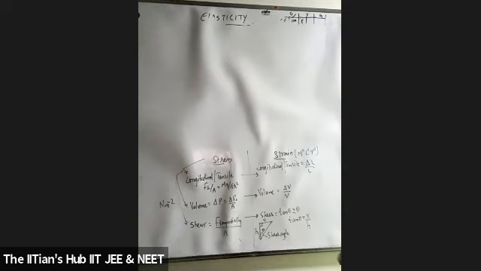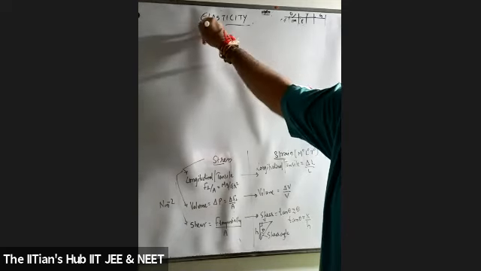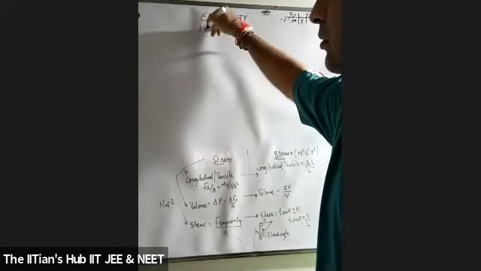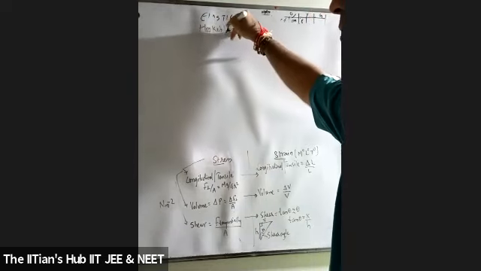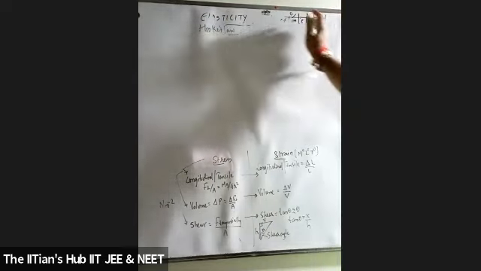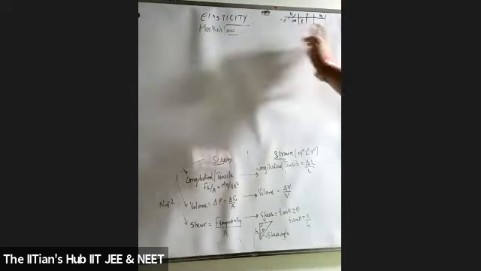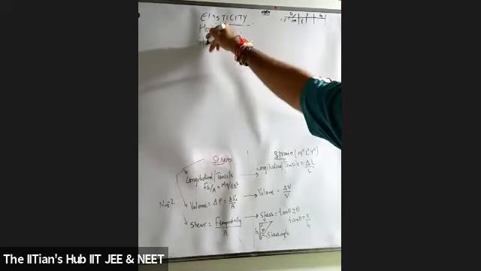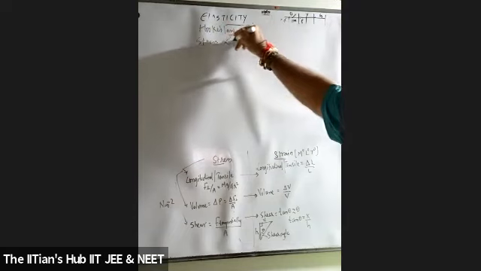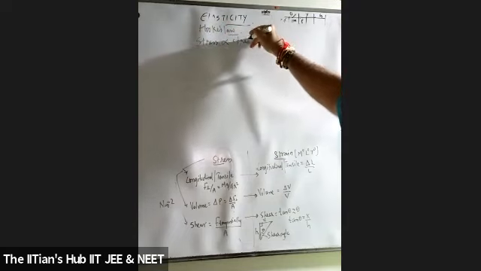Now, it was Hooke who gave a law, and that's called Hooke's law. Hooke's law gave a relation between stress and strain, and he said that stress is directly proportional to strain.